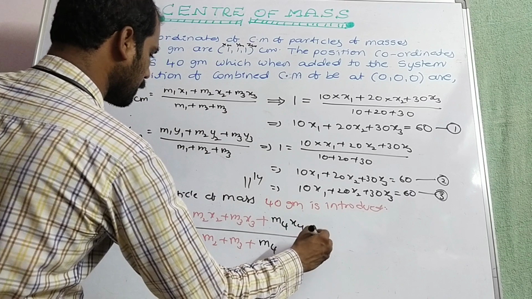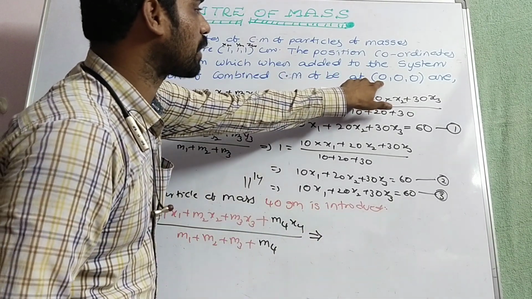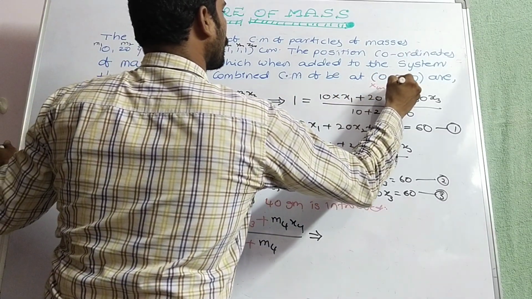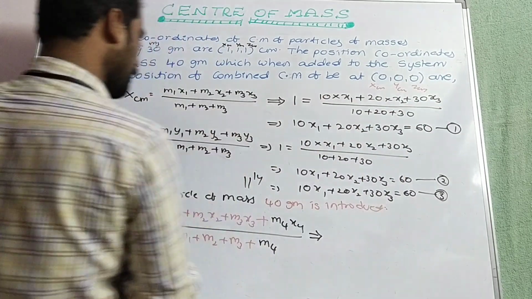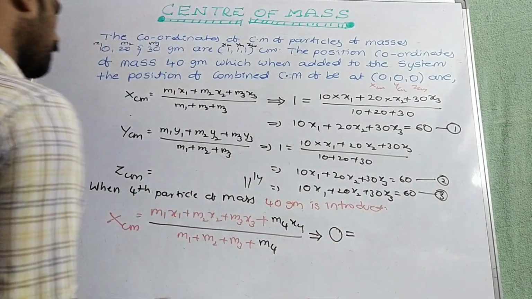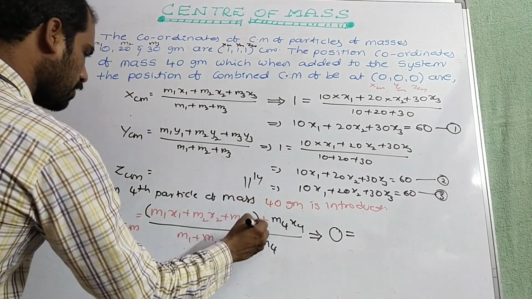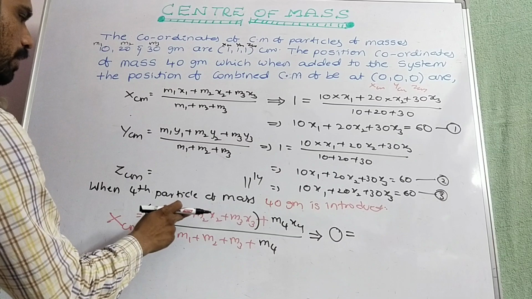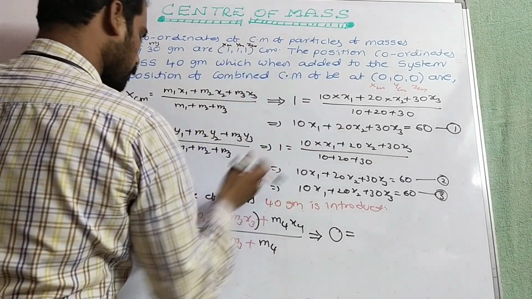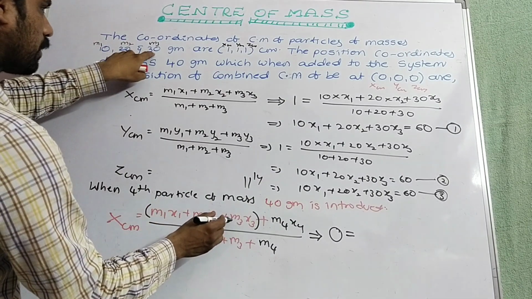That implies, after m4 is joined, XCM, YCM, ZCM are 0. So 0 is equal to m1x1 plus m2x2 plus m3x3, which we know from expression number 1 is the same, with m1 10 grams, m2 20 grams, m3 30 grams.